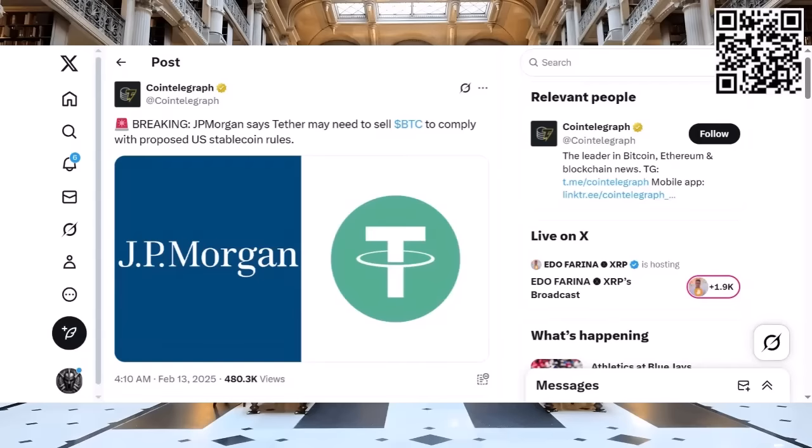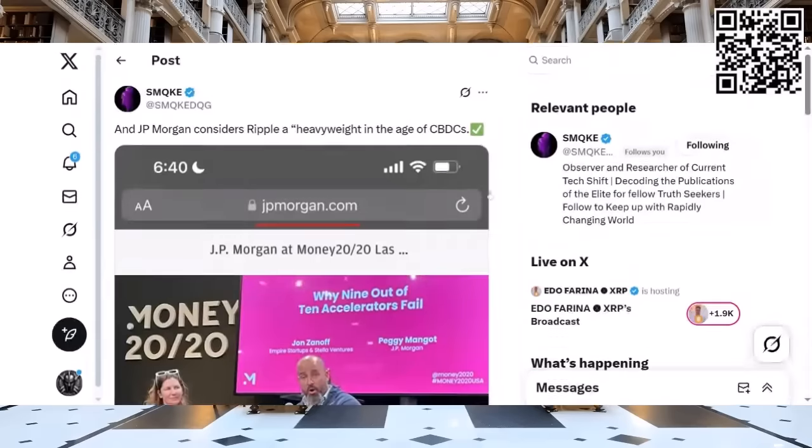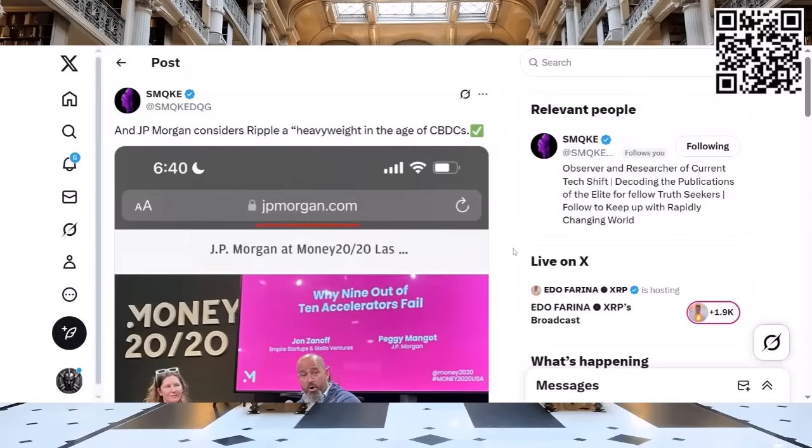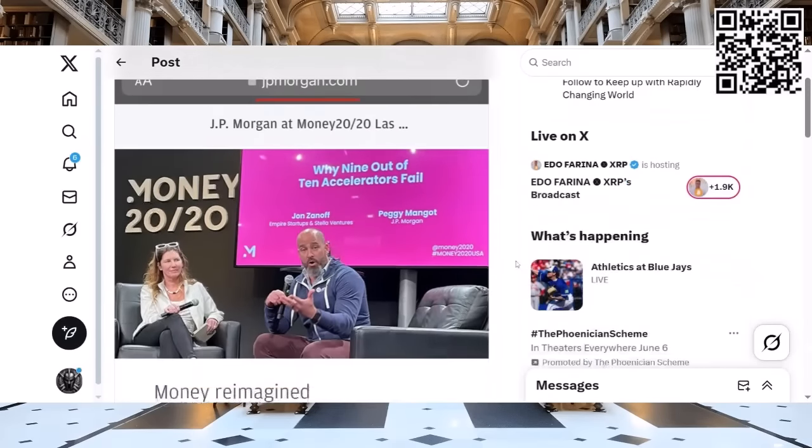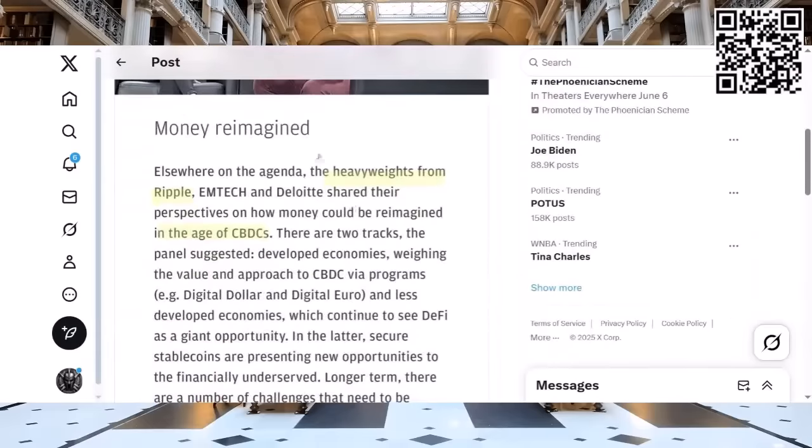Before I kick it back over to Jesse, I want to point this out as well from Smoke, doing it big. JP Morgan considers Ripple a, quote, "heavyweight in the age of CBDCs," checkmark. As you see from the citation on the cell phone, jpmorgan.com, it's "Money Reimagined."